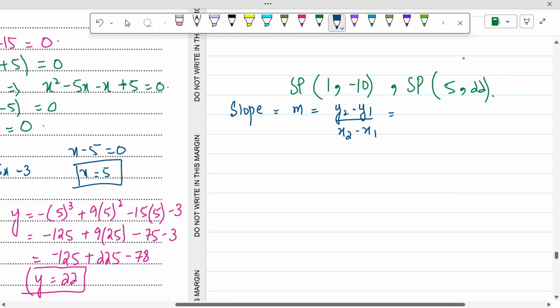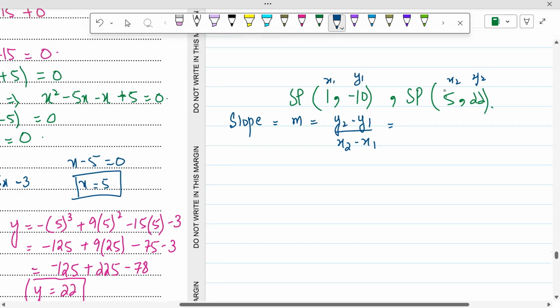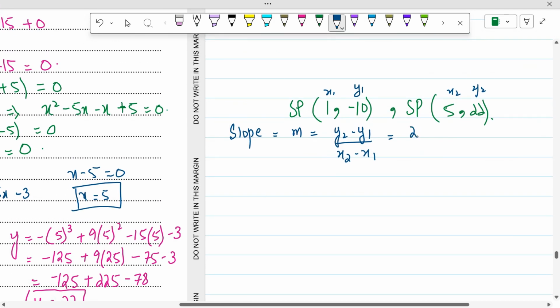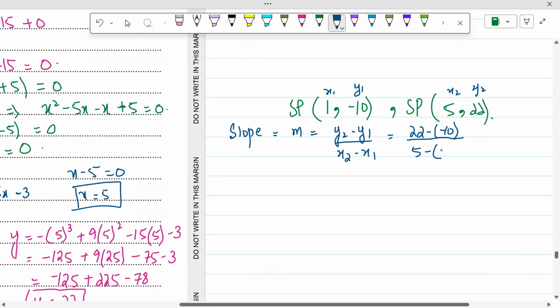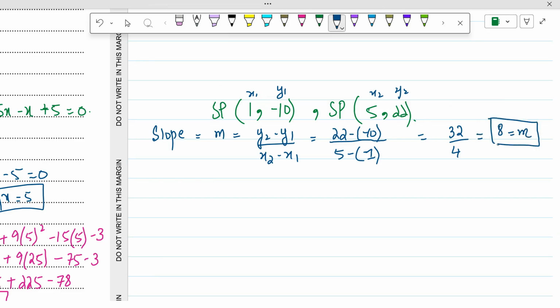In this case, this one is x2, y2, and this one is x1 and y1. So y2 minus y1 means 22 minus negative 10 over x2 minus x1 means 5 minus 1, positive 1. So this is equal to 32 over 4, which is equal to 8. So we have the slope of the line, which is 8.